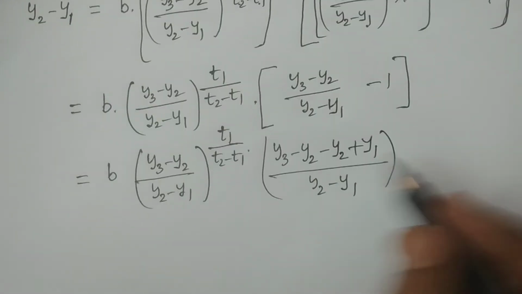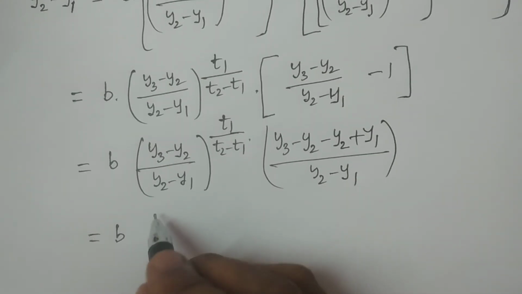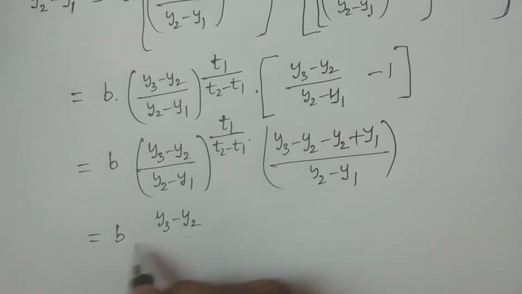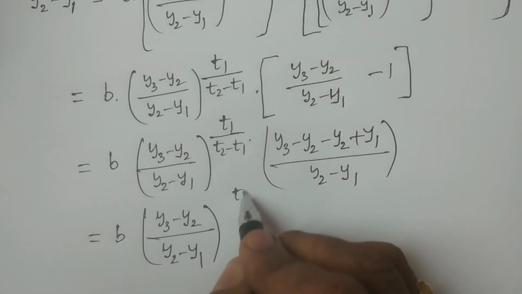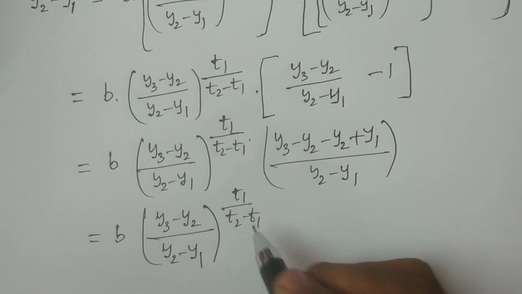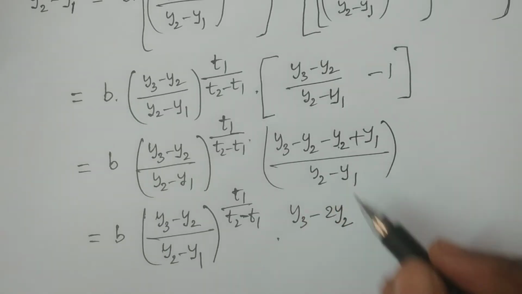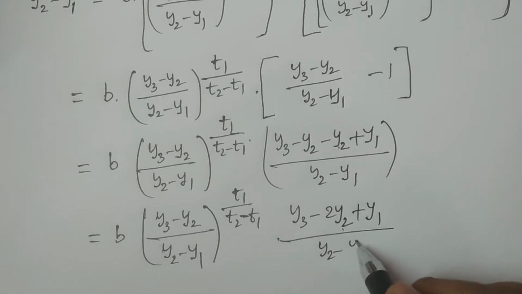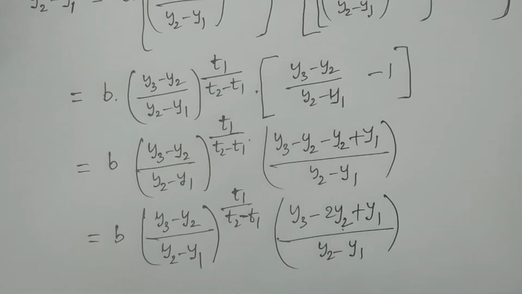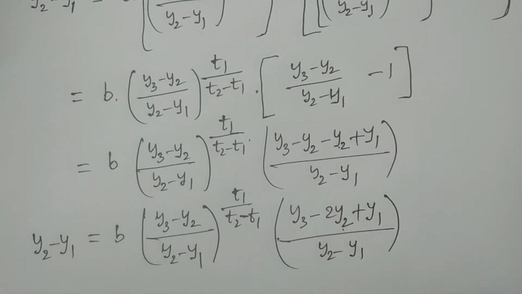Okay, so again if you consider this, it is b multiplied by y3 minus y2 divided by y2 minus y1 the whole power t1 by t2 minus t1, multiplied by y3 minus 2y2 plus y1 divided by y2 minus y1. This is what we have simplified, the value of y2 minus y1.